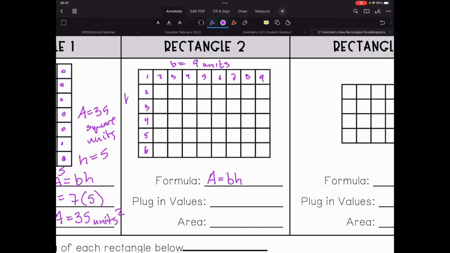So we'll say H equals 6 units. And then we can use our area formula. So we'll plug in the values: A equals 9 times 6. So the area is 54 units squared.